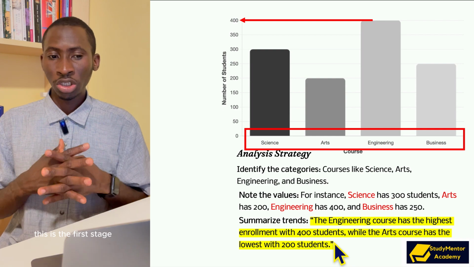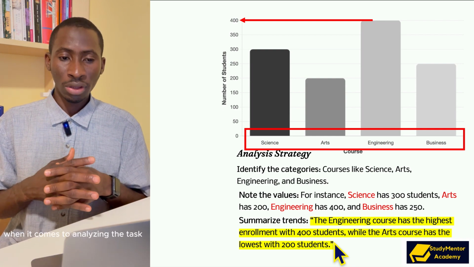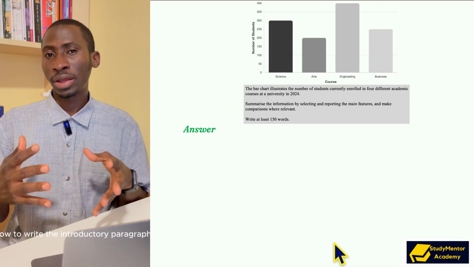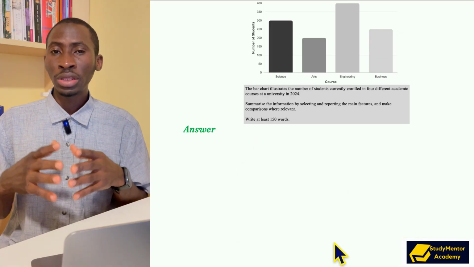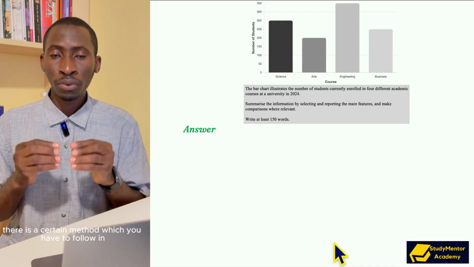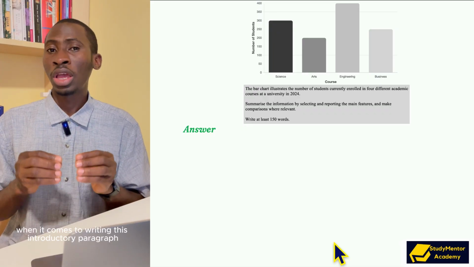This is the first step when it comes to analyzing the task. The next step is for me to show you how to write the introductory paragraph. There is a certain method which you have to follow when it comes to writing this introductory paragraph.